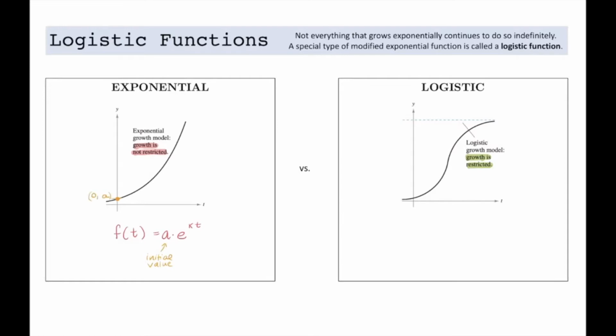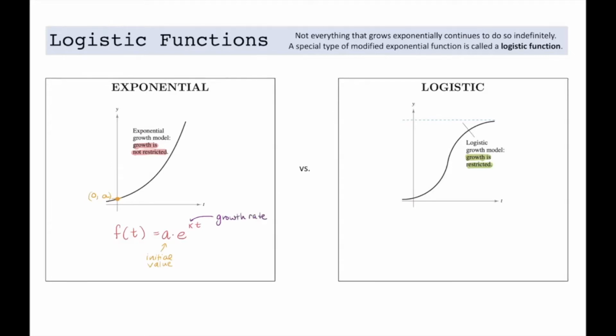The k here, as we just talked about, is an indicator of how fast the function is growing. So the k is really important to take note of if you want to see whether the function is growing or decaying. This is called the growth rate.